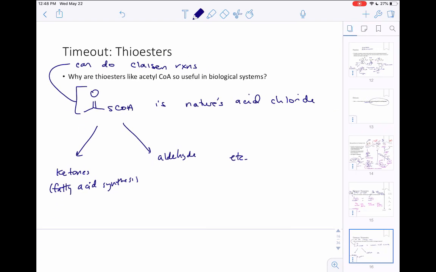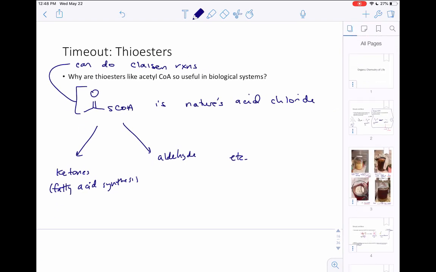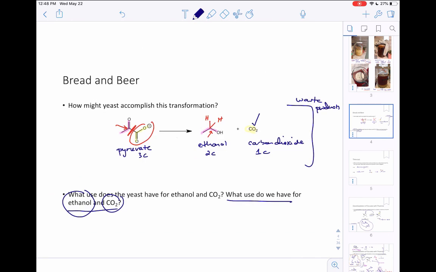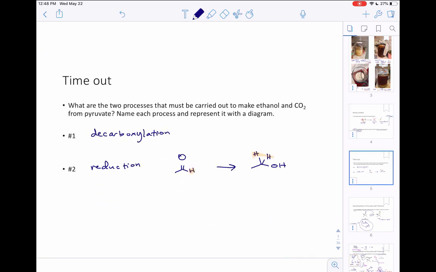We've learned a lot, so let's recap what we learned. We learned that yeast can convert pyruvate to ethanol and carbon dioxide. And we knew there were two main processes that were occurring here: decarboxylation and reduction.